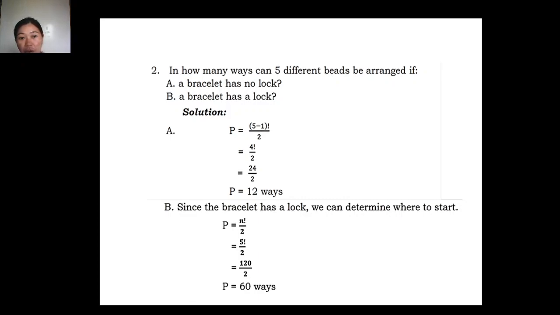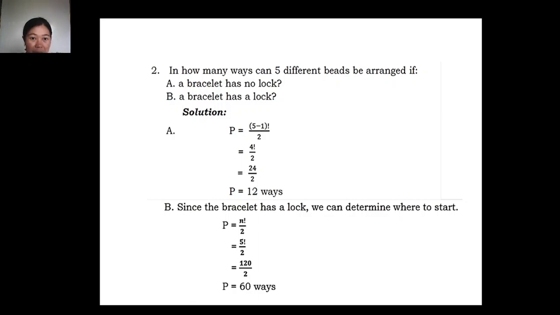And ano ibig sabihin ng 4 factorial? That is 4 times 3 times 2 times 1, and 4 times 3 times 2 times 1 is 24. Then dividing it by 2, it gives us 12 ways. So the number of permutations for letter A, if a bracelet has no lock, is equal to 12 ways.